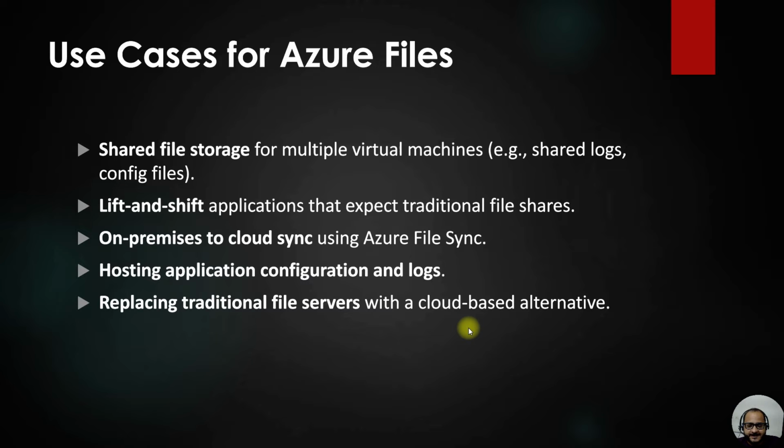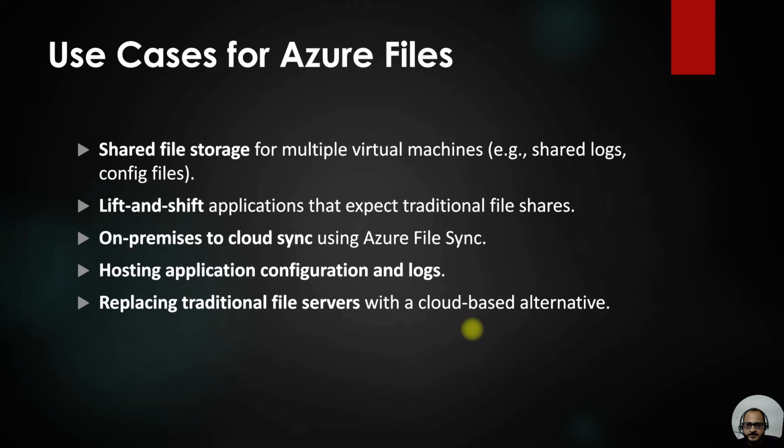Now we will see use cases where we can use a file share. Shared file storage for multiple virtual machines: if you want to share configuration files or logs across multiple servers, you can utilize Azure Files. If you have a lift and shift application, you can also utilize Azure File Share for that purpose. If you want to move your data from on-premise to cloud, you can use it too.